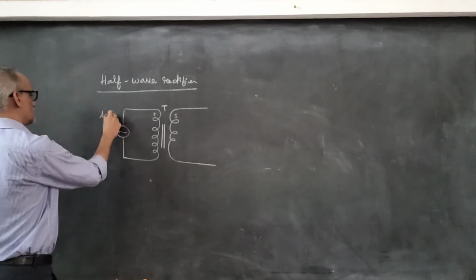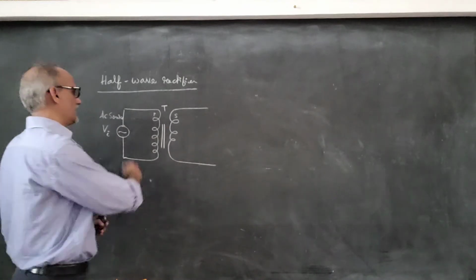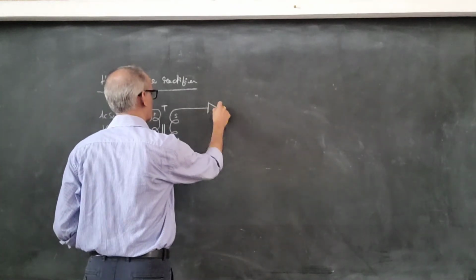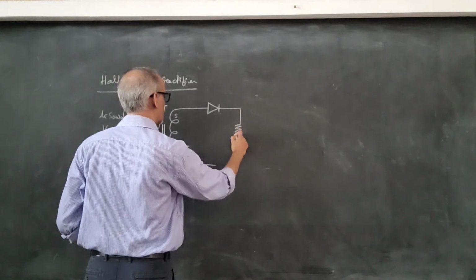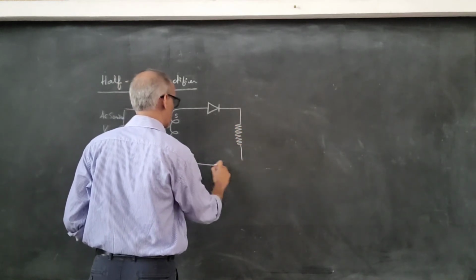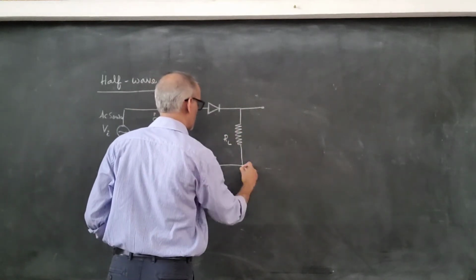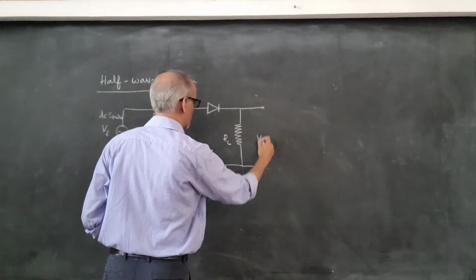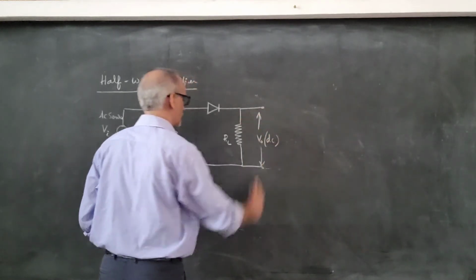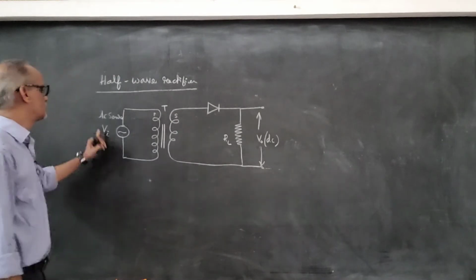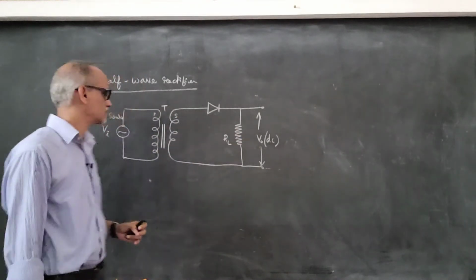Okay, so this is the AC source, and in the secondary we connect a diode, and then a resistor which we call the load resistor, across which we measure the output voltage, and that output voltage will always be DC. So input voltage will be AC and the output voltage we get will be DC.